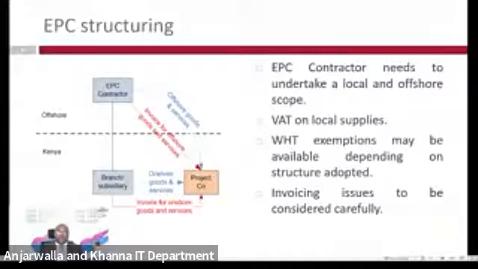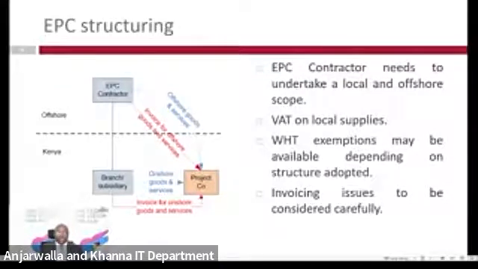This is primarily because in the absence of such a delineation, for example, if you have a situation where your EPC contractor undertakes all its work from Kenya and all their payments are made to Kenya, whereas it is ideal for the project company because it's not exposed to any tax risks, the EPC contractor will usually not prefer such a mechanism, because all the income arising from the project will then end up being taxed in Kenya.